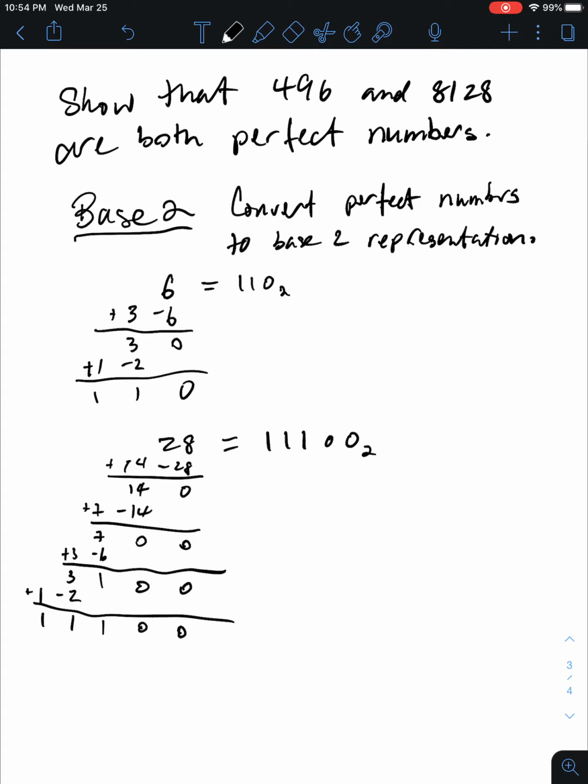Okay, let's try 496. I'm going to need more space for this one. 496, I divide that by 2. I can make, let's see, 250 would be 500 divided by 2, so 248.